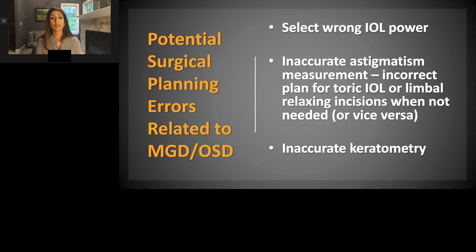And so, many times have I had the situation where had I not treated the ocular surface disease, I would have chosen the wrong plan to manage astigmatism. And it doesn't always change in one direction. So it is important to repeat measurements and have established consistency once the ocular surface disease is treated.